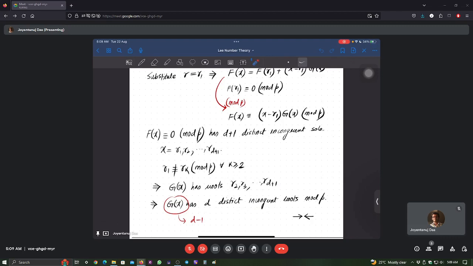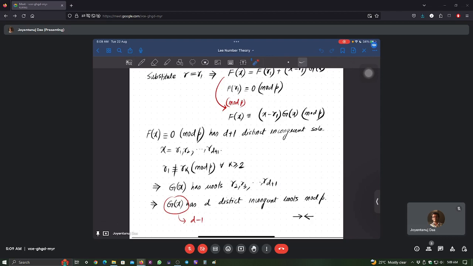Okay, so you're saying gx has roots R2 to Rd plus 1. And what about R1? R1 is not a root of gx, because we have already taken it out as a factor and removed it. Okay. And then you're saying gx has d distinct incongruent roots mod p. So how do you get to that last conclusion?